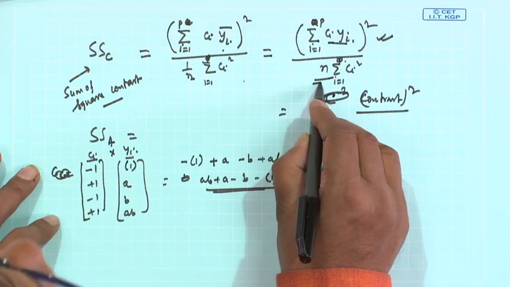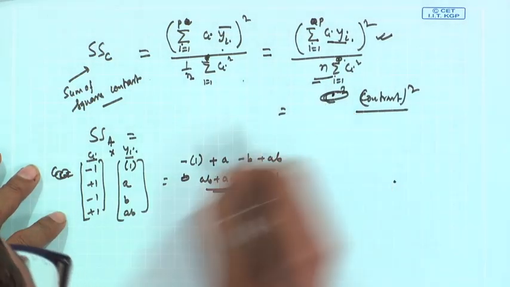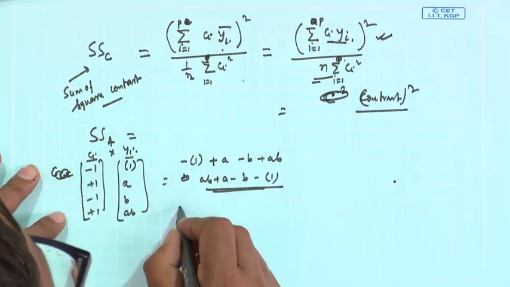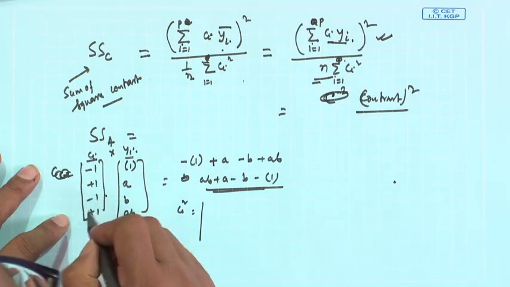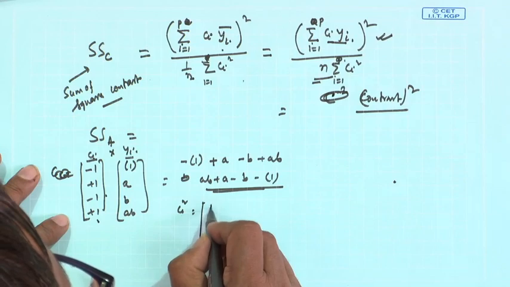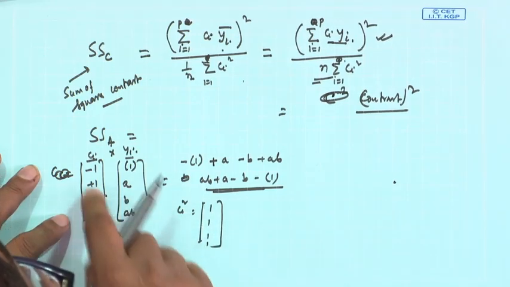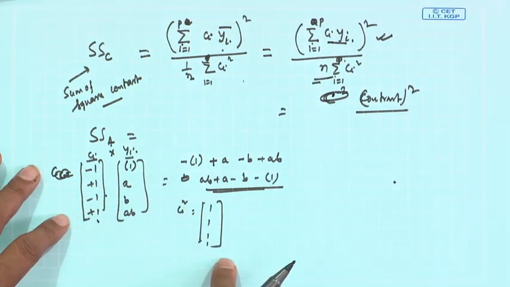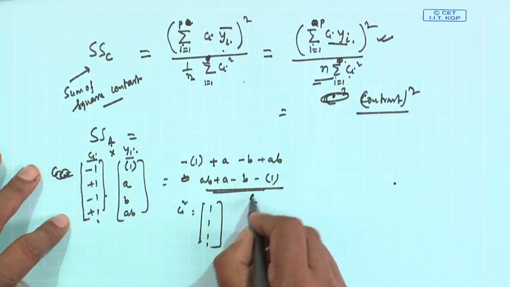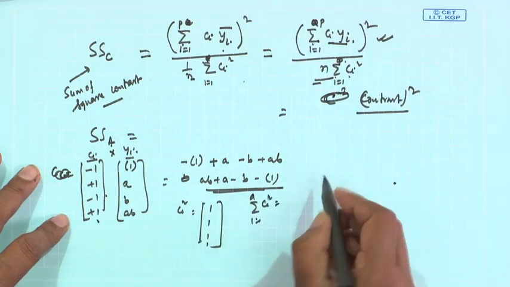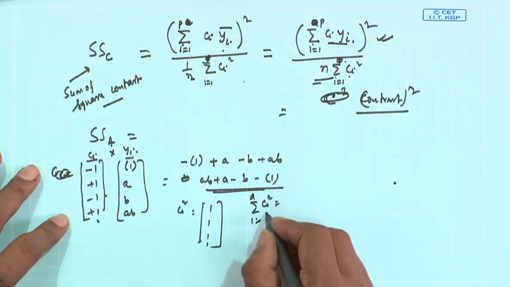What is the lower value then? The lower value is basically the sum of C i squared. C i means this multiplied by this will give you only 1s, (-1) squared, this all 1. So, the sum over i equal to 1 to a of C i squared will be ultimately this many.